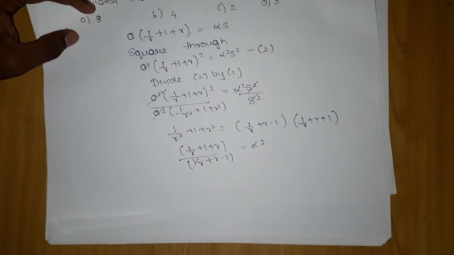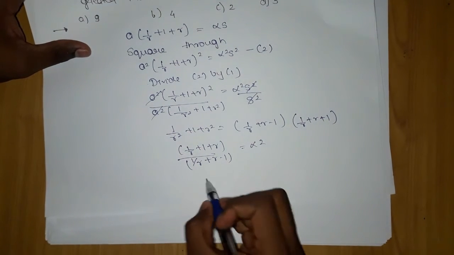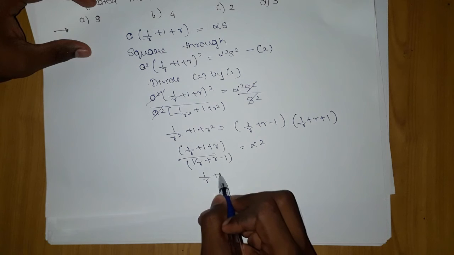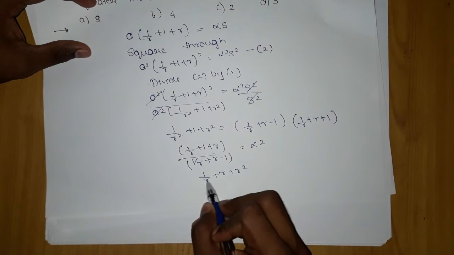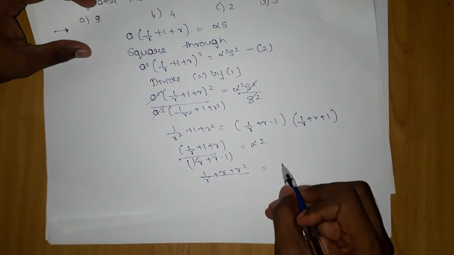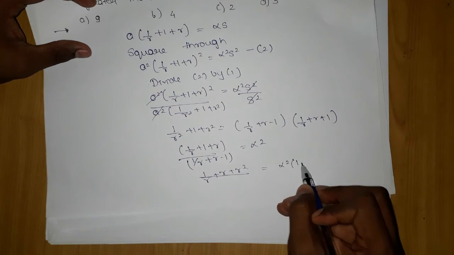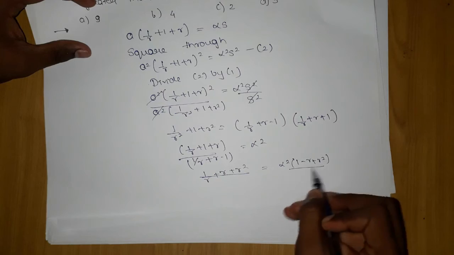So let's multiply. We have 1 upon r plus r square here, and here alpha square into (1 minus r plus r square) upon r, which will cancel out.